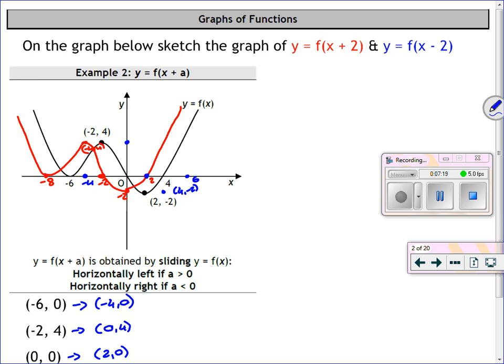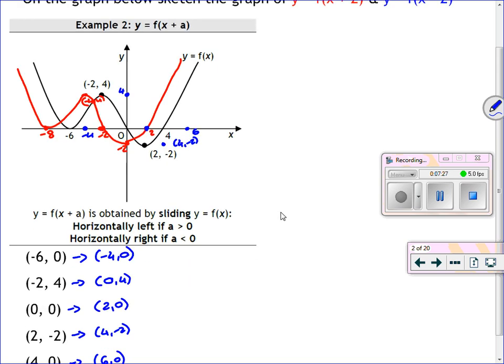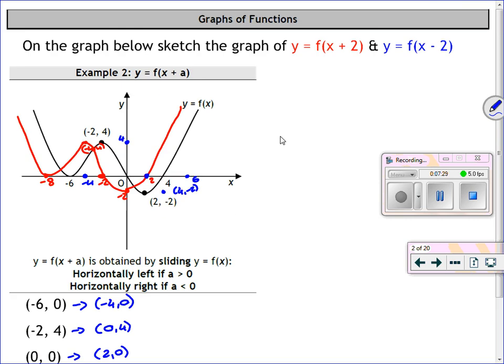Again, make sure you label the coordinates. So that is now all we need to sketch it. So we then just go ahead and sketch the graph.